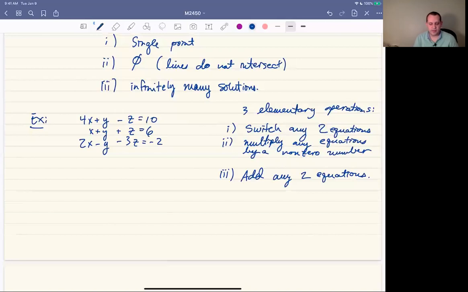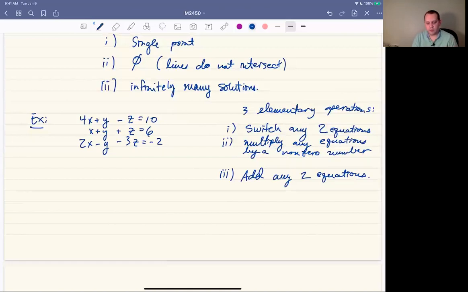And let's think about how we can do this as easily as possible. What I want to use is the fact that the middle equation, x plus y plus z equals 6, already has a 1x in it. And that's going to tell us how to use that to our advantage.